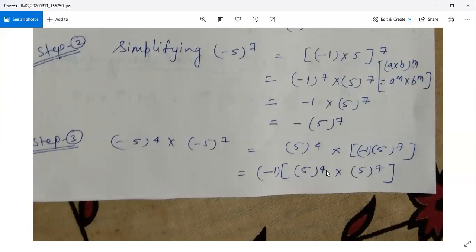The base is the same, but the power is different. So what formula can we use? Here we can use the formula a to the power m into a to the power n is equal to a to the power m plus n.